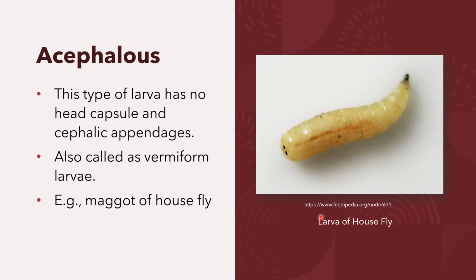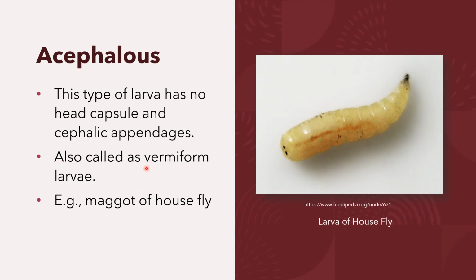The third type of the Apodus larvae is the Acephalous larvae. This type of larva has no head capsule and cephalic appendages. In other references, it is also defined as a larva with reduced or no head. This type of larvae is also known as the vermiform larvae.